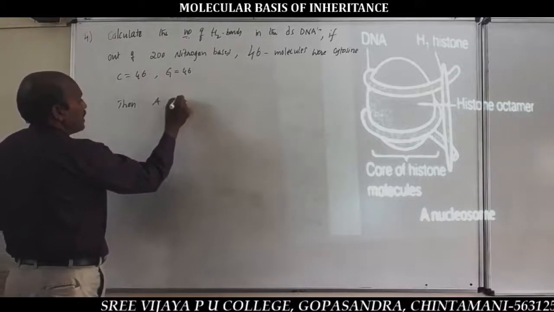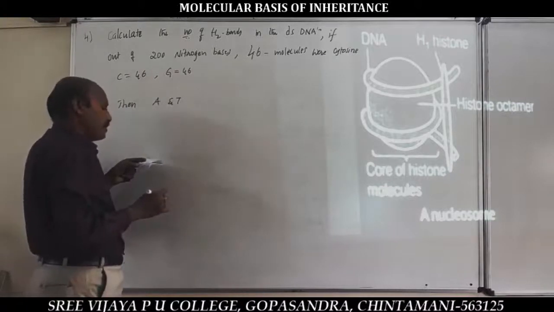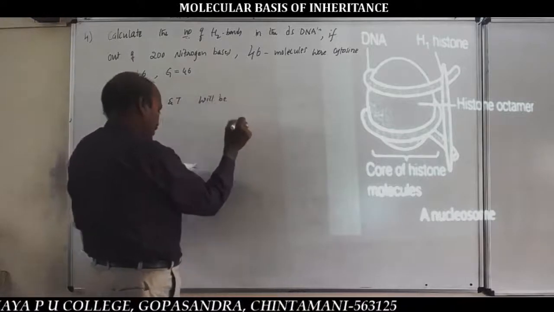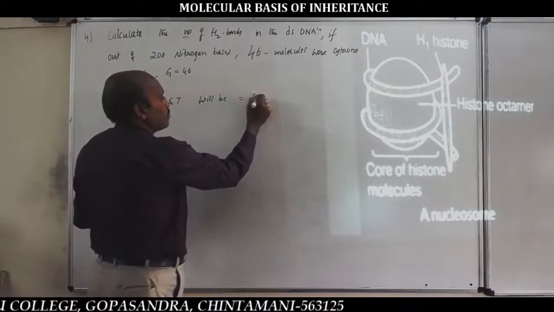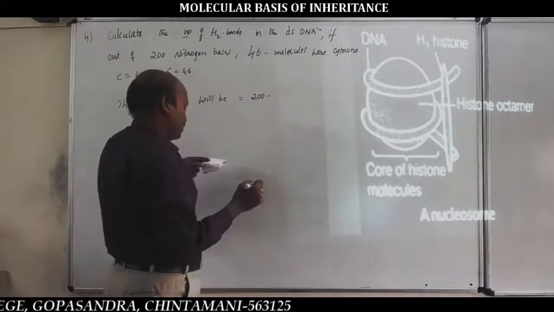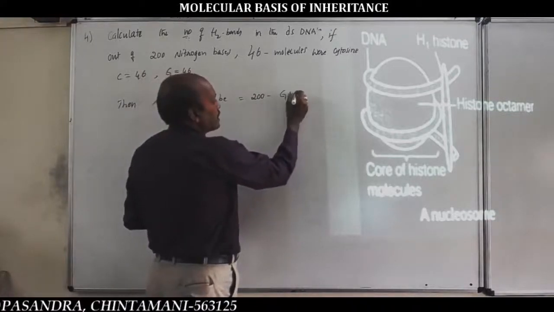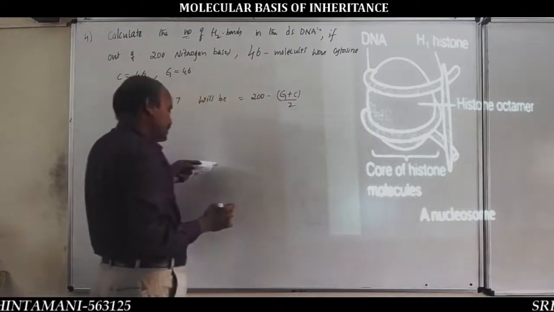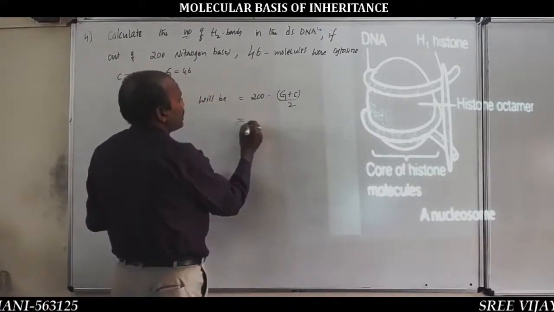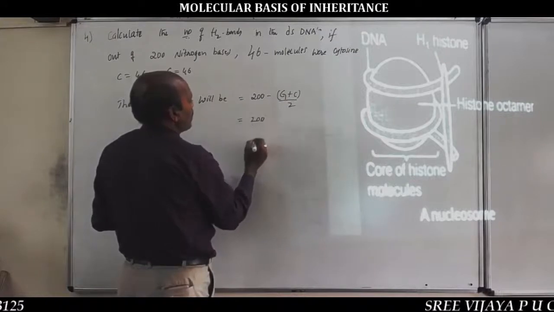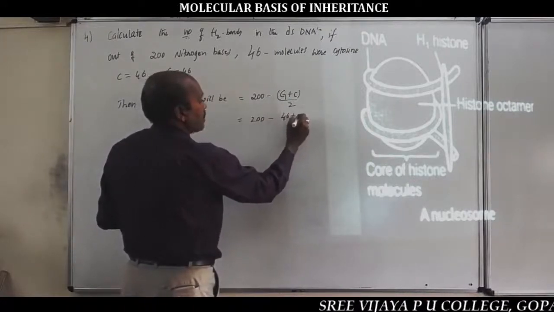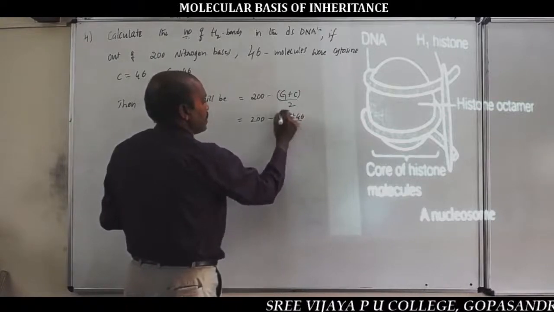Then adenine and thymine will be 200 minus G plus C by 2, that is 200 minus 46 plus 46 by 2.